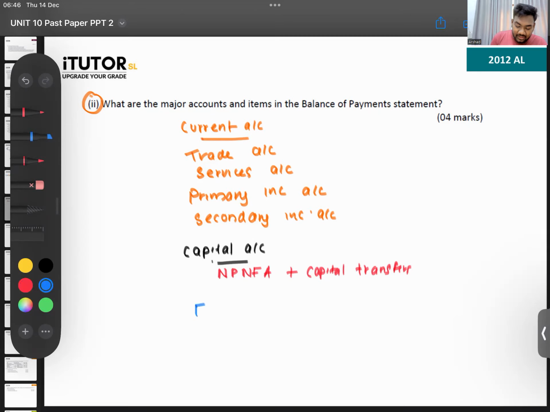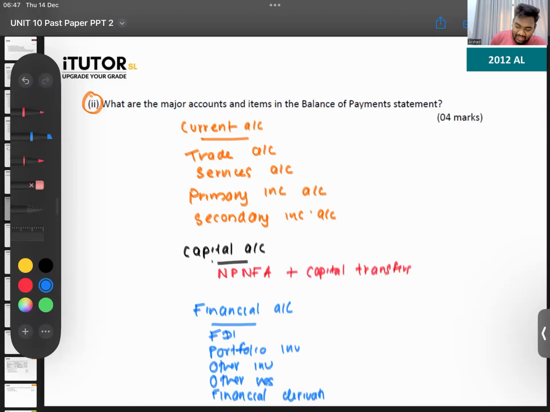you have the financial account. So in the financial account, what do you have? You have foreign direct investment, portfolio investment, other investment, reserve assets, and also financial derivatives.